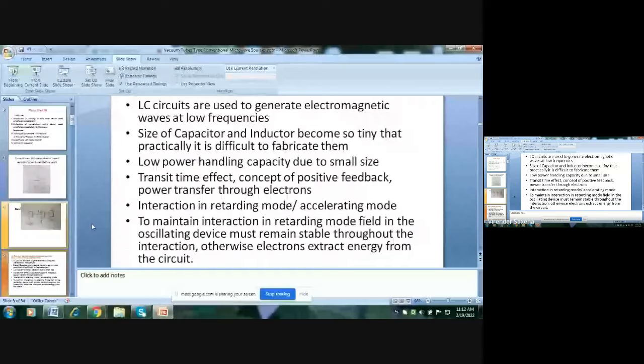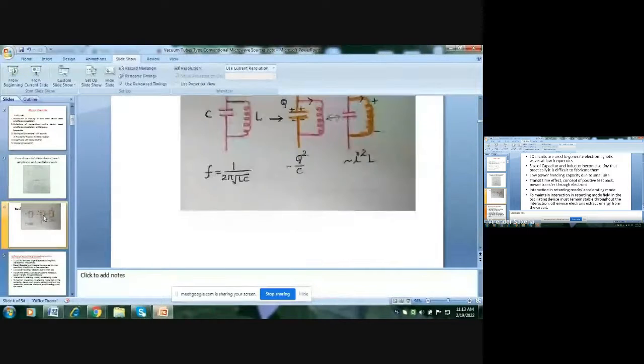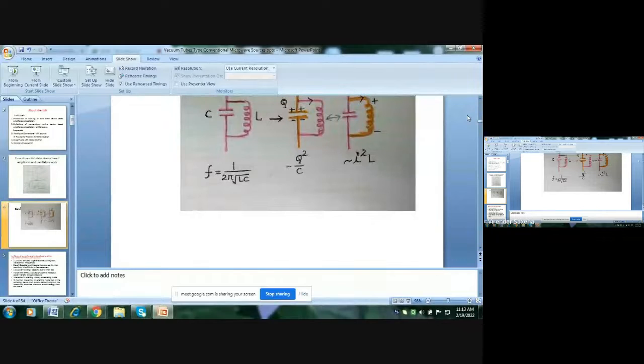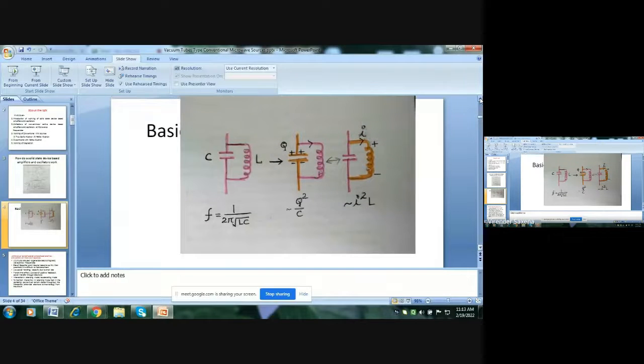Why can we not use an LC circuit at microwave frequency? At microwave frequencies, we need inductance of the order of 10 to power minus 9 to 10 to power minus 11 Henry and capacitance of the order of 10 to power minus 9 to 10 to power minus 11 farad, which are very, very small, tiny devices.